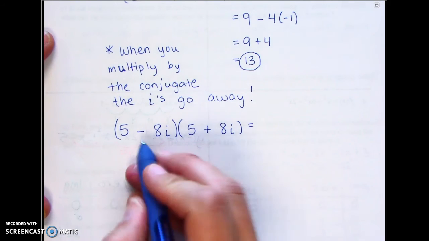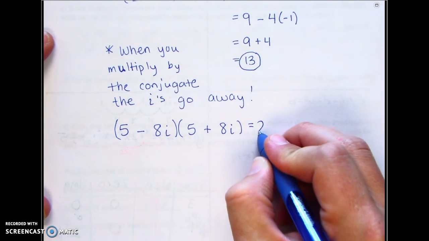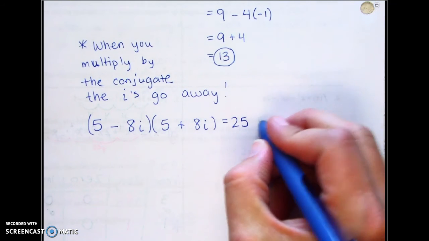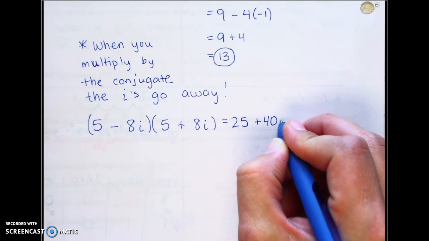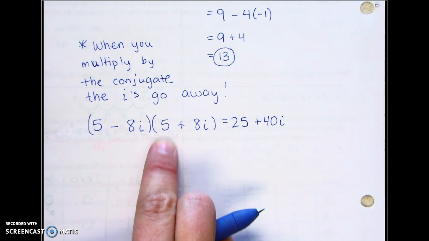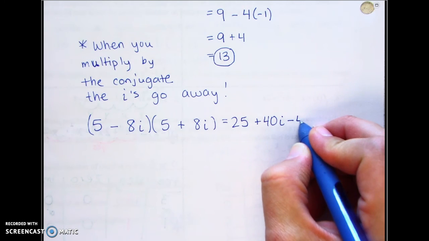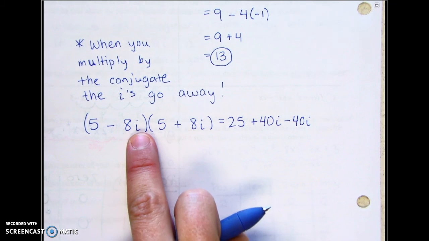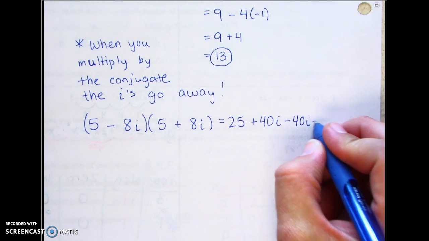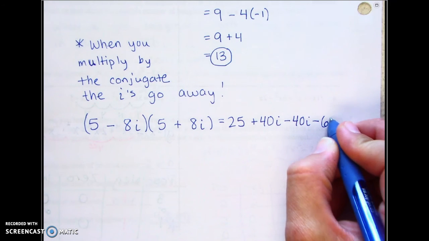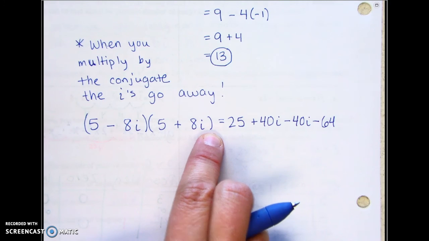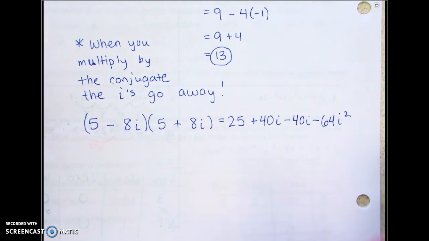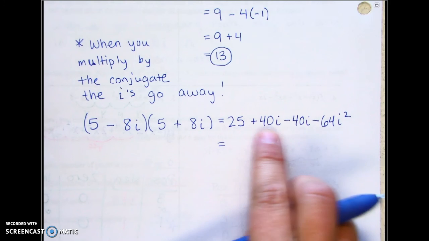Distribute. 5 times 5, 25. 5 times 8i. What's 5 times 8? 40i. Negative 8i times 5, minus 40i. So those will cancel. Negative 8i times 8i, minus 8 times 8, 64. i times i is i squared. Okay. What happens to the i's in the middle?